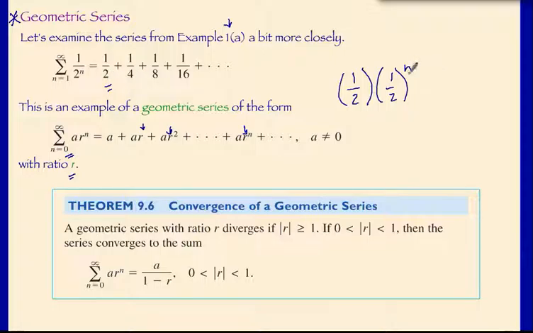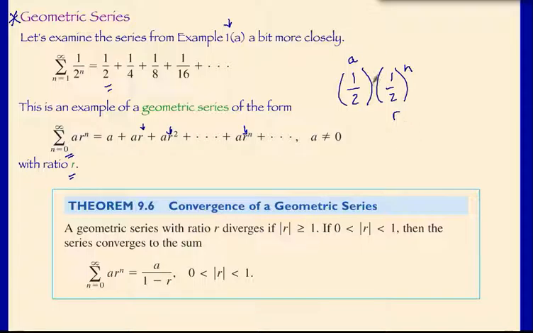So when n is 0, it becomes 1/2. When n is 1, it becomes 1/4. When n is 2, it becomes 1/8. But the idea here is that this is A and this is R. Now, they're not always the same number, but they just happen to be in this particular geometric series.